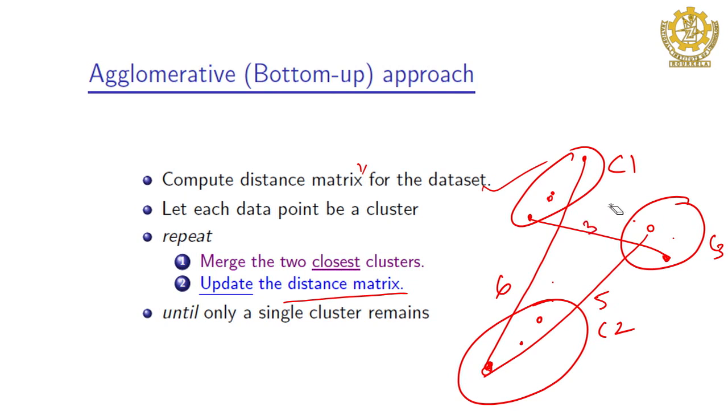Now, which cluster will be merged? Among these distances you have to find the minimum, closest one. So, C1 and C3 will be merged. While computing distance you use those formulas, but when you merge the clusters you always choose the minimum distance. It is not that you merge C1 and C2, that is not right, because it is said to merge the 2 closest clusters.